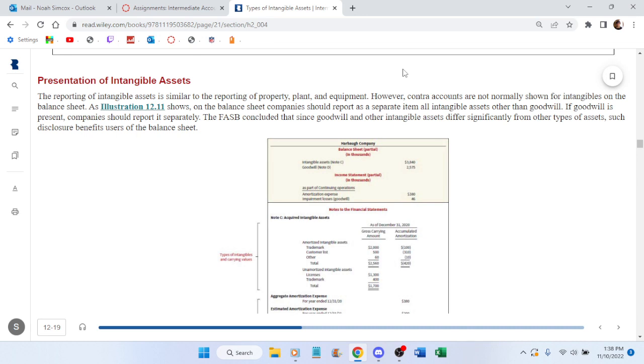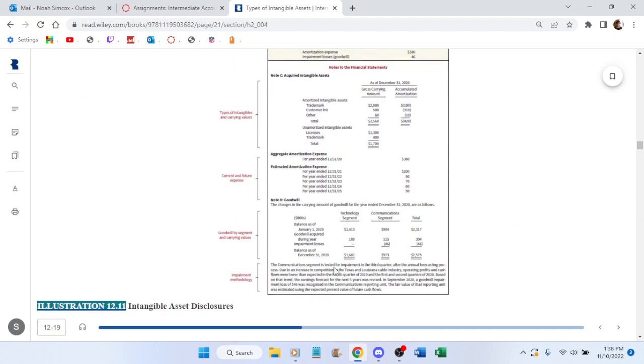As the illustration shows on the balance sheet, companies should report as a separate item all intangible assets other than goodwill. If goodwill is present, companies should report it separately. The FASB concluded that since goodwill and other intangible assets differ significantly from other types of assets, such disclosure benefits users of the balance sheet.